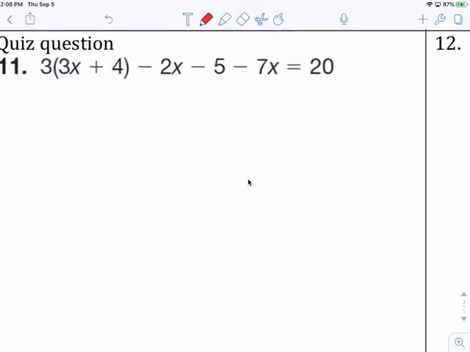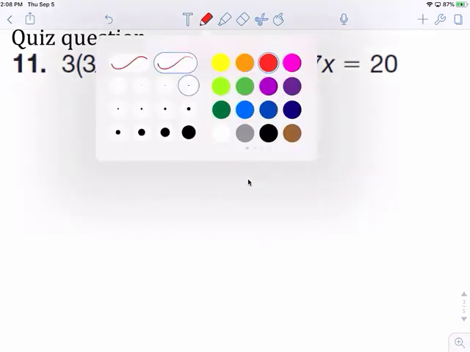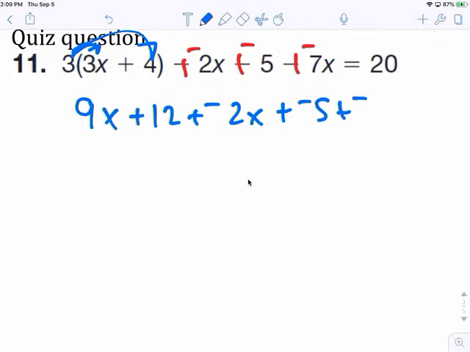Number 11. Okay, quiz question. Make sure you do additive inverse first of all. Always distribute first. It's 9x plus 12 negative 2x plus, okay, negative 5 plus negative 7x. Okay, let's combine all the like terms.